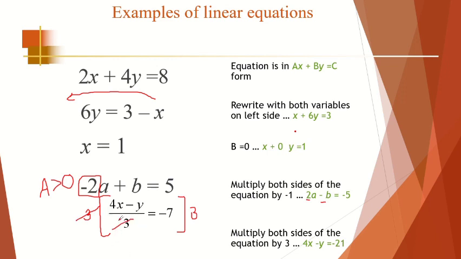We have 4x minus y equals negative 7. Now, next, multiply by 3 and you will get negative 21. This is it. Alright.